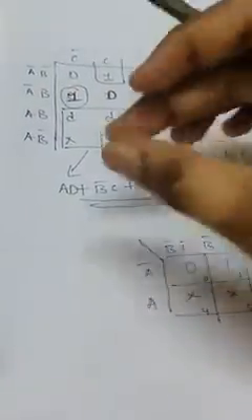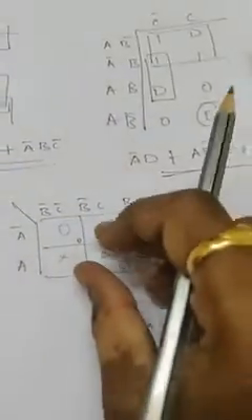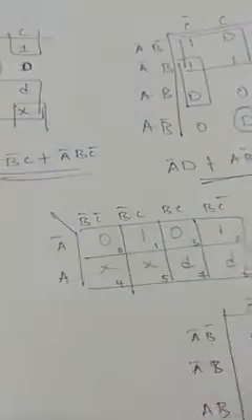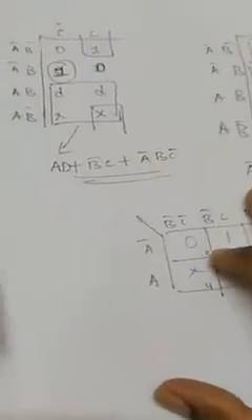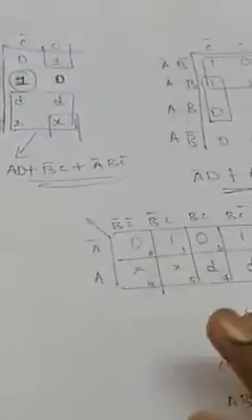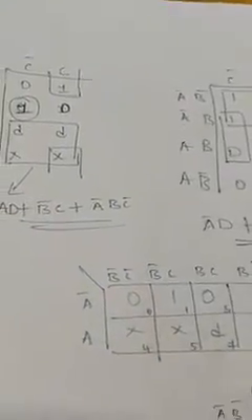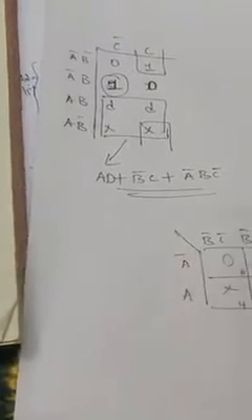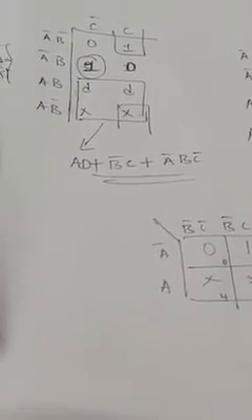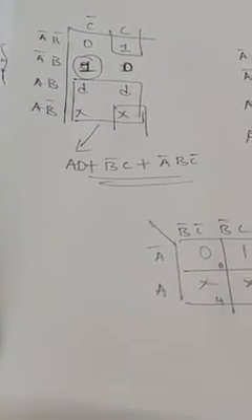If you follow this method, the expression which you get will be different, but both are right. The expression might differ, but the method is the same, and the answers will both be right. So don't bother if the expression differs, it's not wrong.